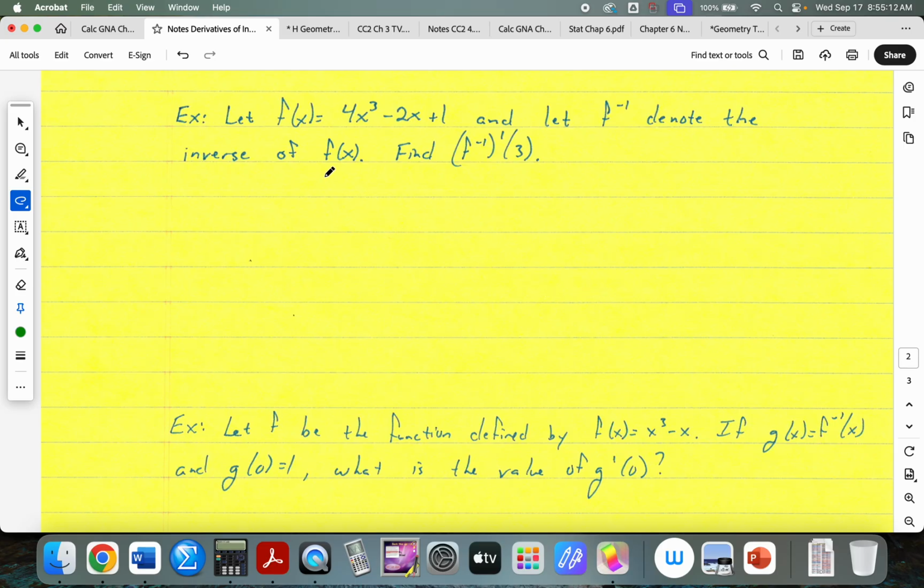So if I'm trying to find f inverse prime at 3, then what I want is 1 over f prime of f inverse at 3.